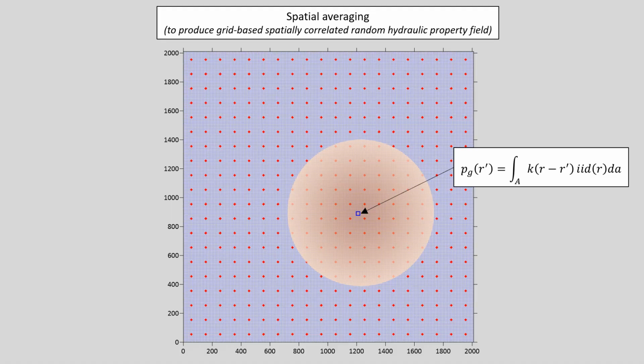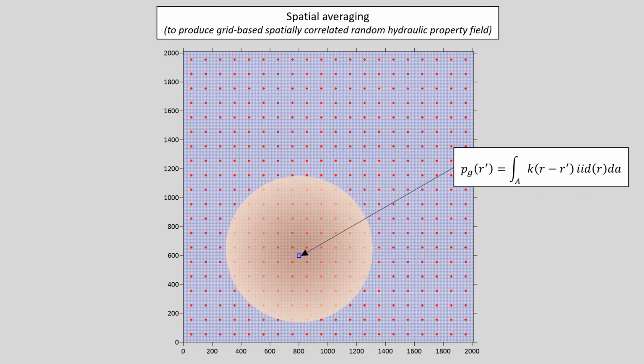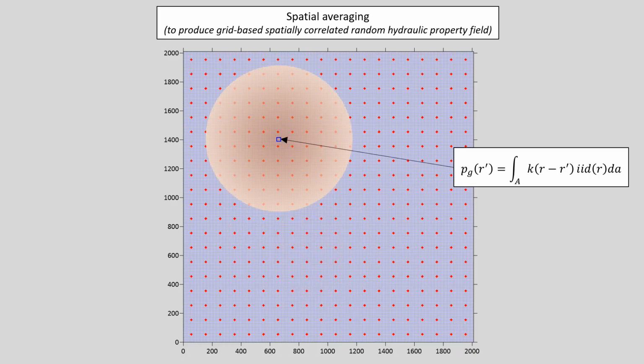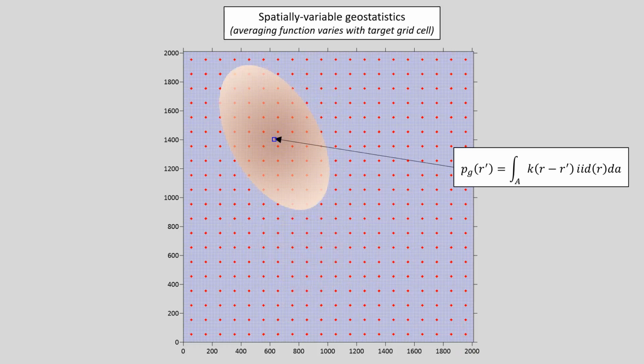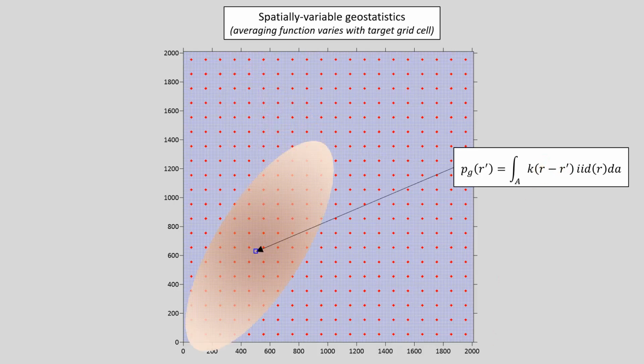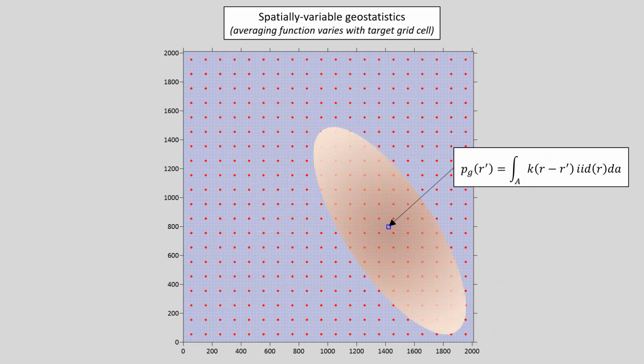So the geostatistical hyperparameters which describe this weighting kernel can be the same all through the model domain, in which case we generate a hydraulic property field which is stationary. Or the geostatistical hyperparameters pertaining to this kernel can vary from place to place, in which case the hydraulic property field that I end up with in the model domain is described by non-stationary geostatistics.